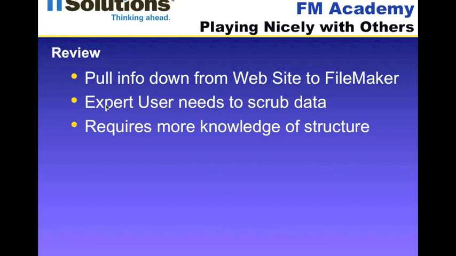Make sure it's a real order or a real record of some sort. And then finally, rolling your own in this way requires a little bit more knowledge of the structure of the back-end database, and also probably requires you to be a little bit more savvy at reverse engineering the structure of some of these plugins, which is not always obvious.